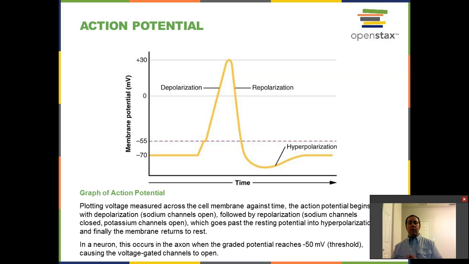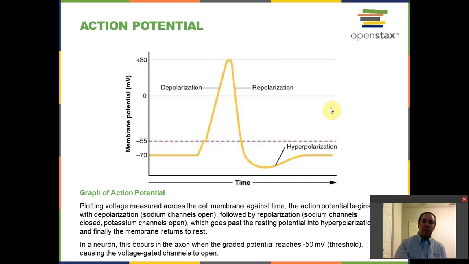So this is a very important diagram to understand. There's lots of important information here. Resting membrane potential is negative 70 millivolts. We have this slow increase to threshold potential, which is negative 55. We then get depolarization, where we shoot up. We stop at positive 30, which is another important number, positive 30 millivolts.